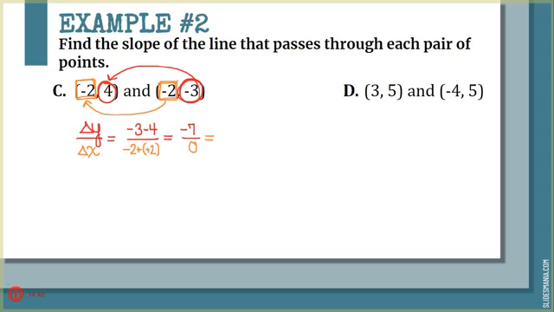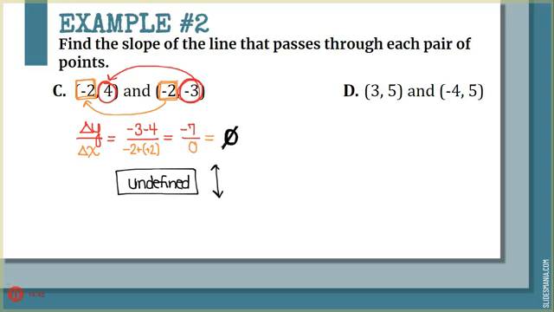If you take -7 divided by 0 on your calculator, it's going to tell you an error. That's because you cannot take 7 of something and divide it into 0 groups. You have to have at least one group. So this actually has an undefined slope. So we automatically know what that line would look like. It has an undefined slope, which means it's a vertical line because we cannot walk up a wall.